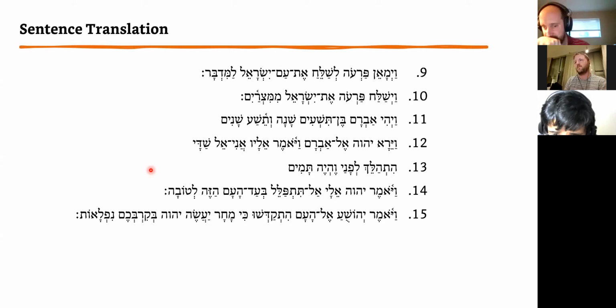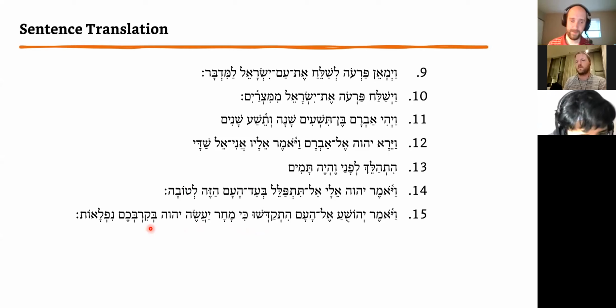Vayomer Yehoshua el ha'am hitkadshu ki machar ya'aseh Adonai bekirbekhem nifla'ot.